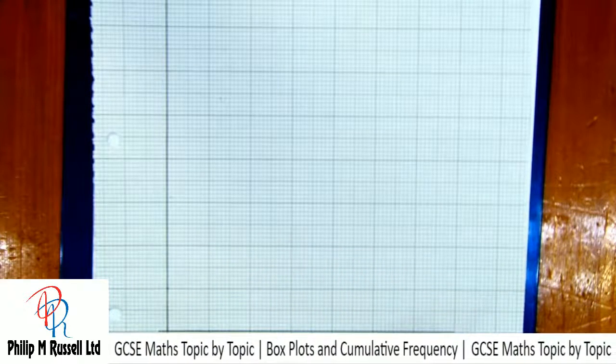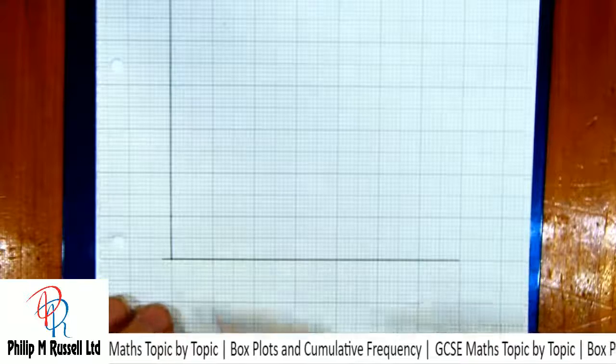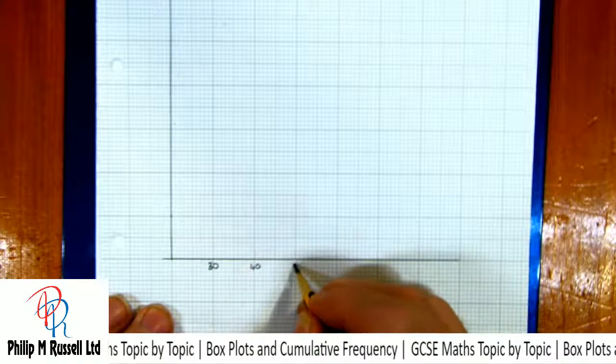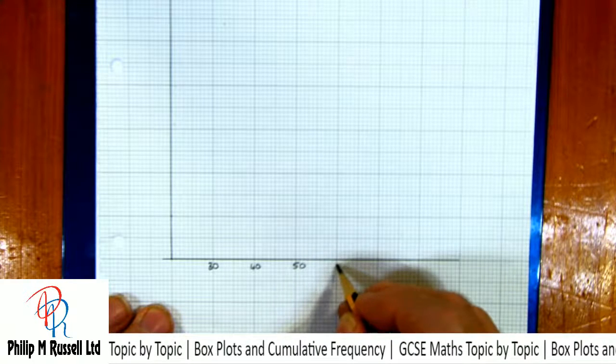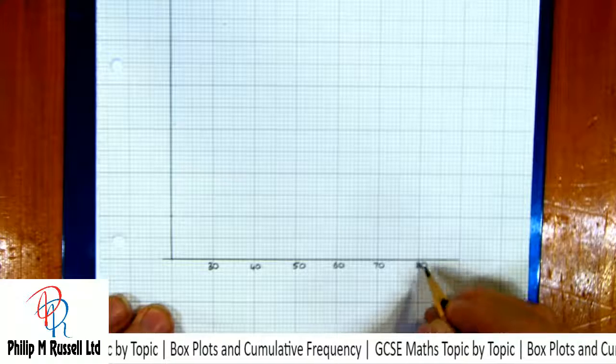And let's do the numbers across first. So these are going to be 20 to 30. So this value is going to be 30 here, 40, 50, 60, 70 and 80.